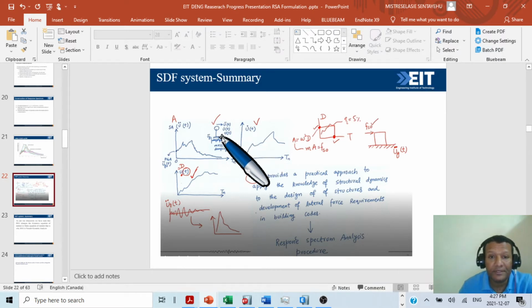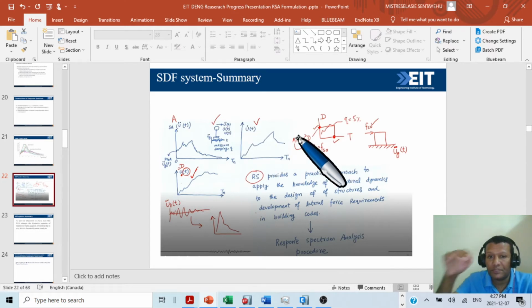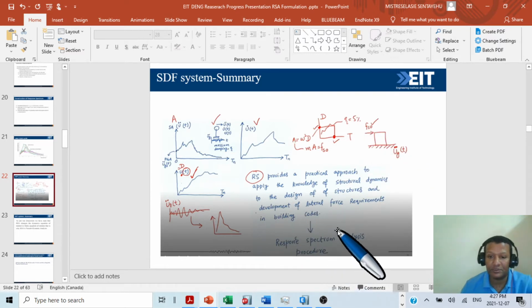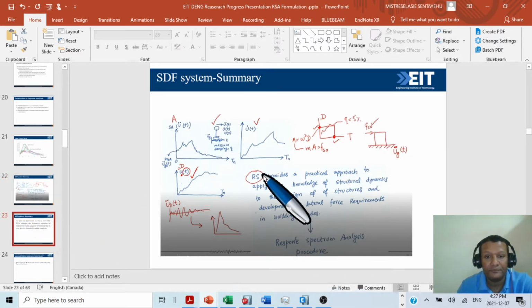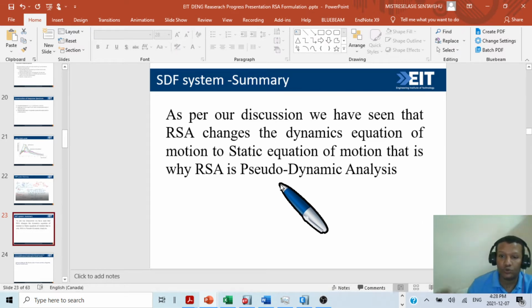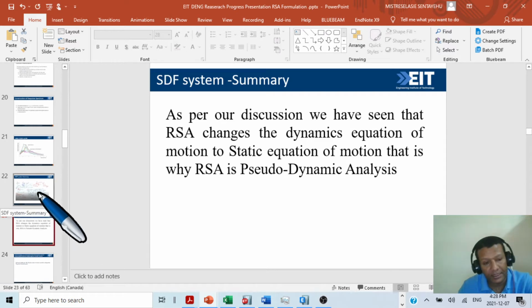But once we have the response spectra of our site, we change the dynamic system of our building into a static one, and we continue response spectrum analysis with ELF. As per our discussion, RSA changes the dynamic equation of motion to a static equation of motion. That's why RSA is pseudo dynamic analysis.